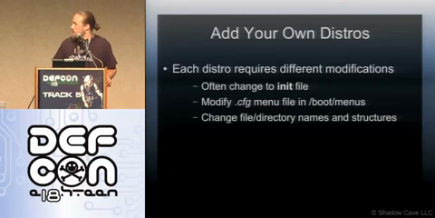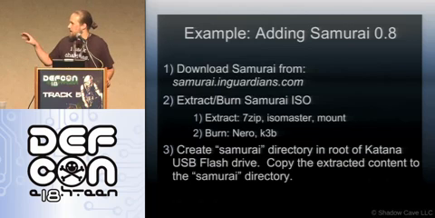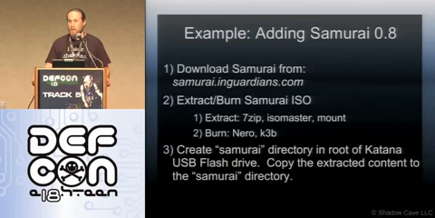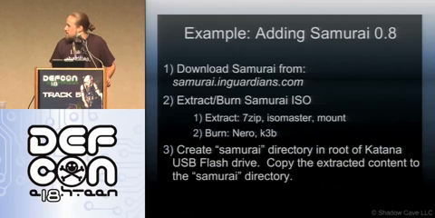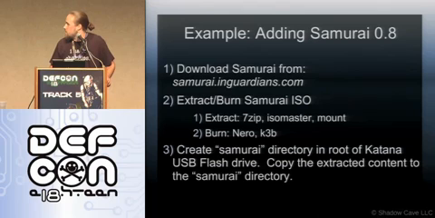I'm going to give the example of Samurai, the current version. It's pretty simple in the beginning. You just get the ISO, download it, and mount it or burn it, however you want to get access to it, and save it. For this particular one, you just make a Samurai directory, since it's called Samurai.